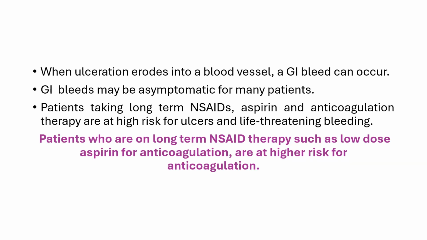When ulceration erodes into a blood vessel, so when these ulcerations in the stomach erode and go into a blood vessel, a GI bleed can occur. And a GI bleed may be asymptomatic for many patients. Patients who take long-term NSAIDs, aspirin and anticoagulation therapy are at high risk of ulcers and life-threatening bleeding.